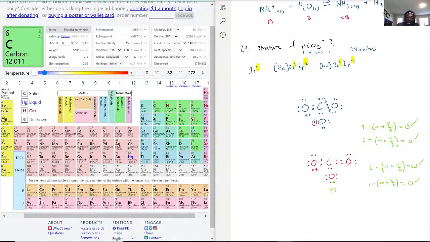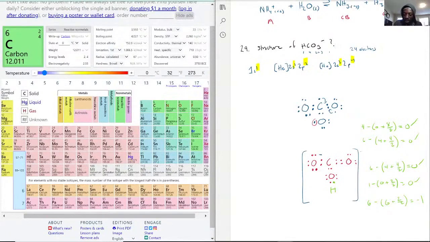Now for the last oxygen, we have 6 minus, it actually has 6 lone pairs plus sharing just 1, well, 2 electrons. That's going to be a minus 1. And there is where our negative is going to be, right there.